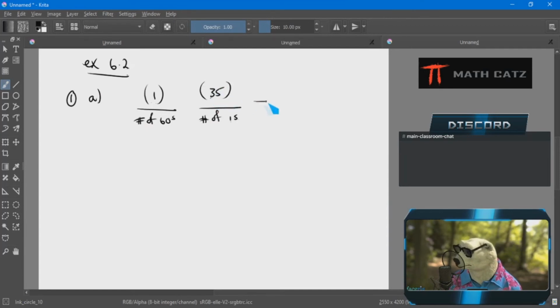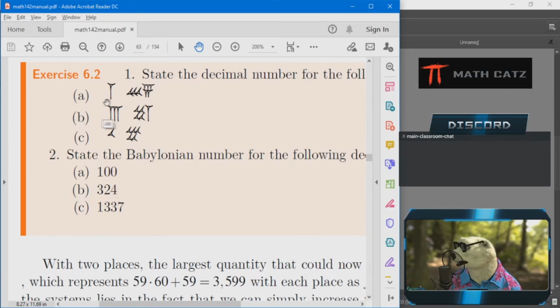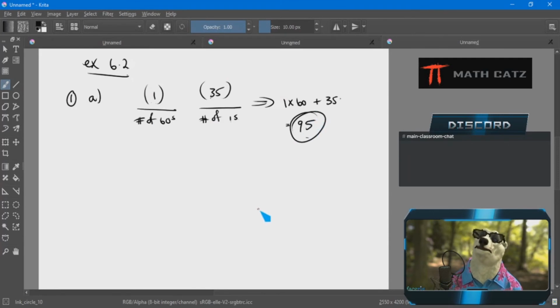So that then means I have one group of 60 plus 35 left over. So therefore I have 95. So this 1A Babylonian representation is the representation for 95.